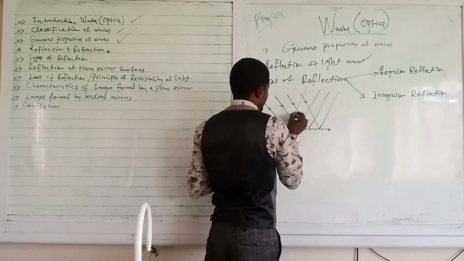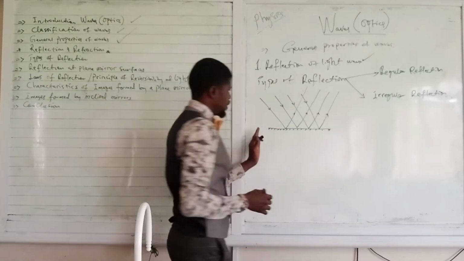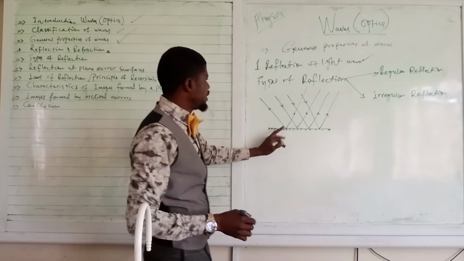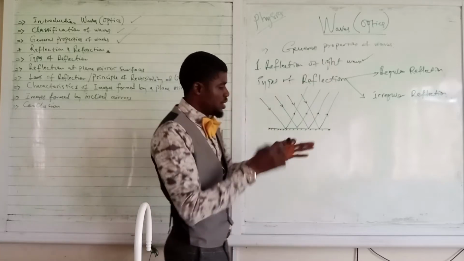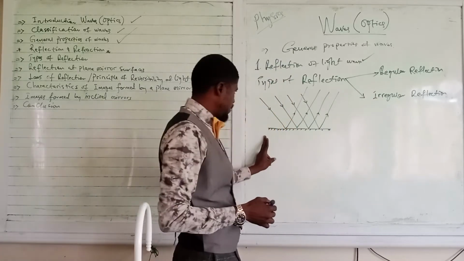We call this type of reflection uniform reflection. So this is the plane mirror, this is the incident ray, and this is the reflected ray.